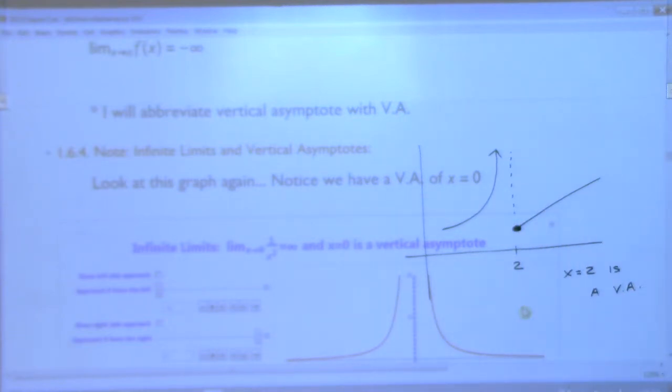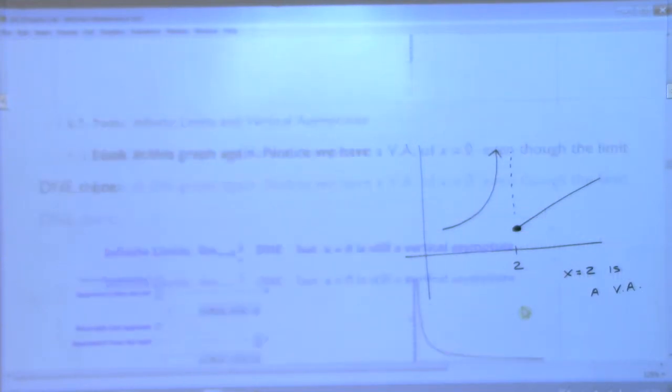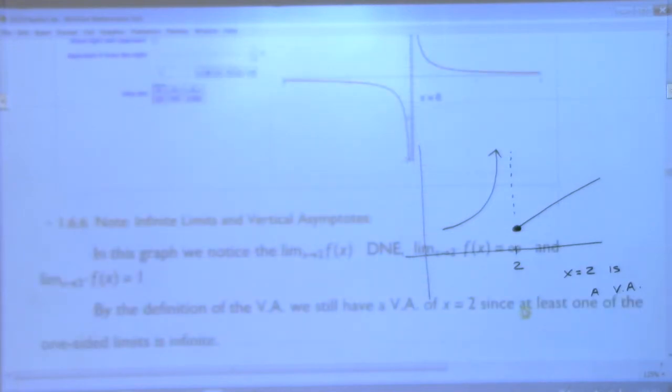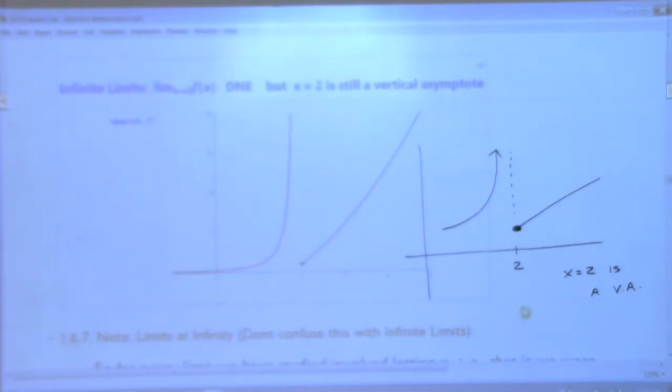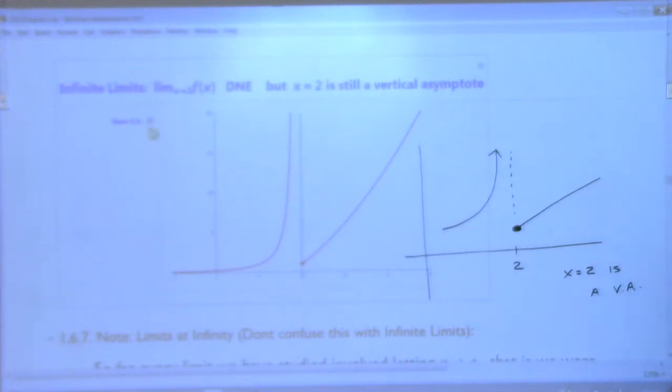All right, so here's some more pictures. So there's a vertical asymptote, right? There's a vertical asymptote. That's what I just drew, right? We have a vertical asymptote here because from the left it goes up to infinity.